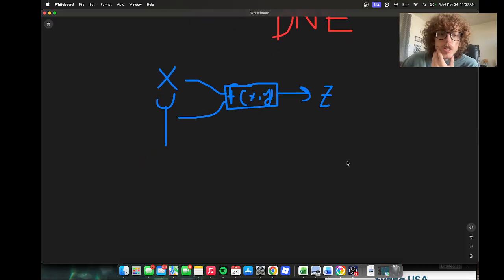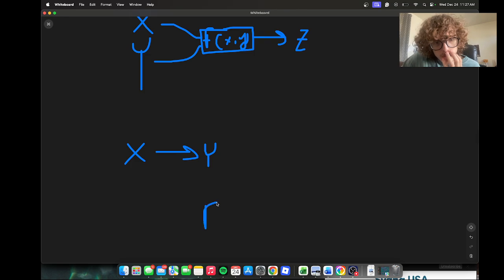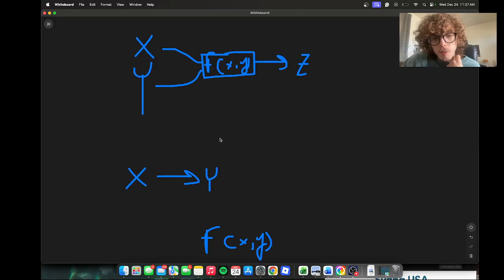Another way that you could look at this is, okay, we plug in just an x, we then get a y, and we plug all this in to f of xy. But we're defining y as x squared.